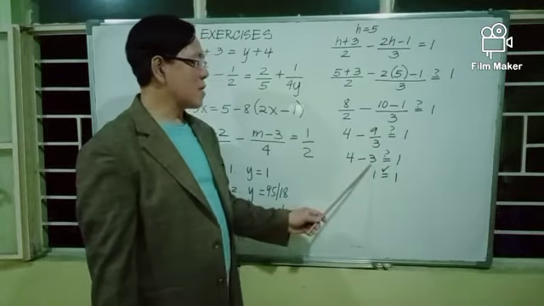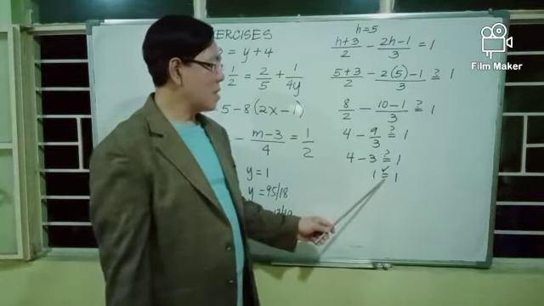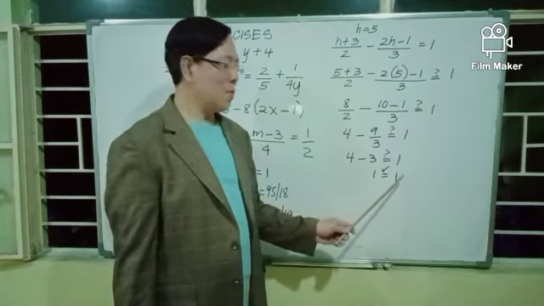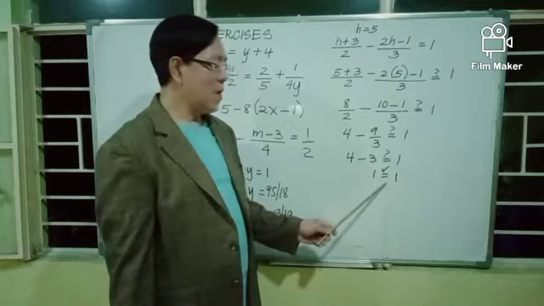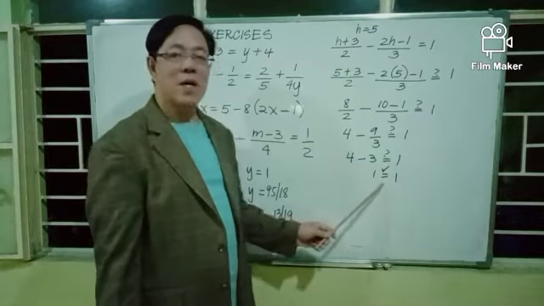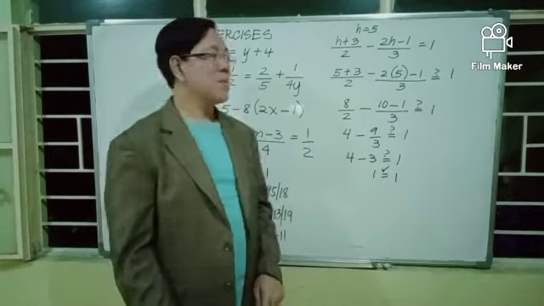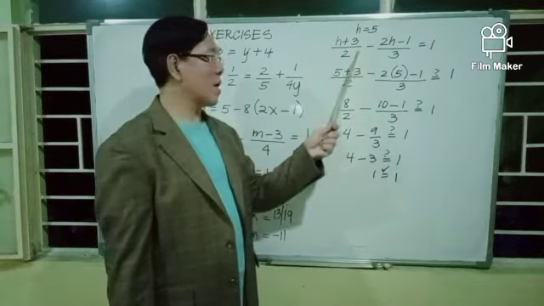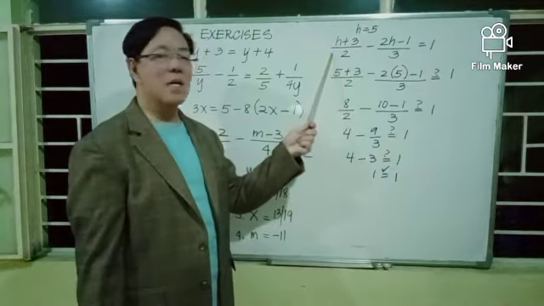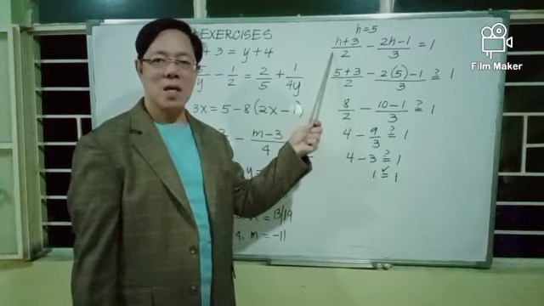And 4 minus 3 is 1, and it's equal to the right-hand side 1. So we put a check above the equal sign because the left and the right quantities are equal. Thus, this value of h equals 5 is a correct solution of this linear equation in one variable h.